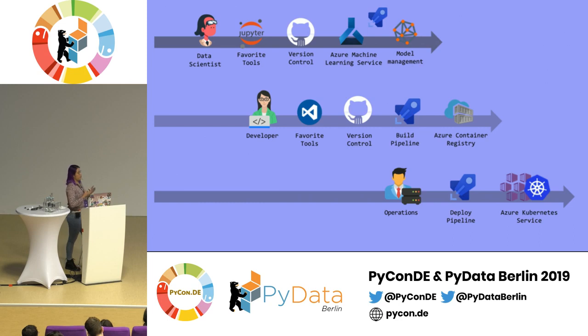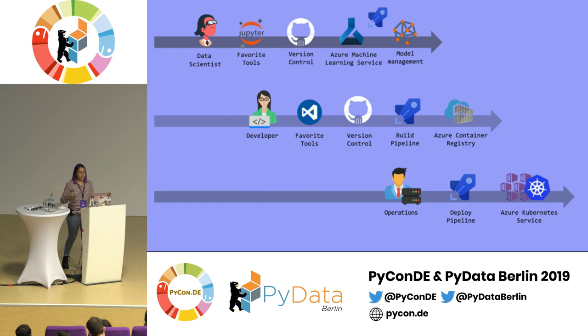So that way you can have these three distinct roles of your data scientist, your developer, or your software engineer, and someone working in operations, all working together towards the same goals, using the tools that they normally use to do their workflows and get a reproducible, automatable stack. So you as a data scientist, you can still use Jupyter Notebooks, version control, Azure Machine Learning Services, and Azure pipelines to integrate with your model management.